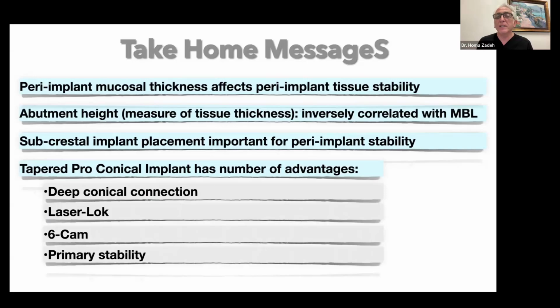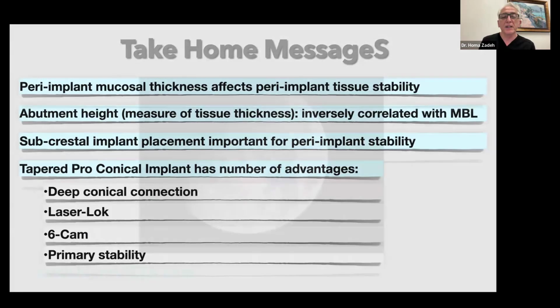And the primary stability of this particular implant is very nice with a reverse buttress thread design, allowing us to achieve an immediate implant placement primary stability that's adequate for immediate loading or immediate provisionalization.